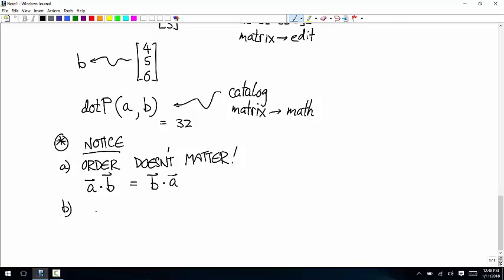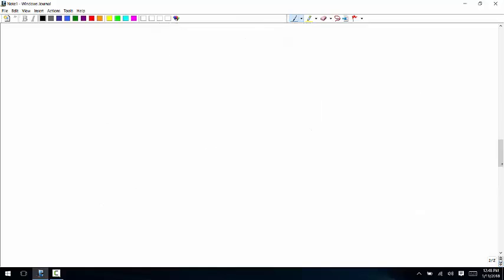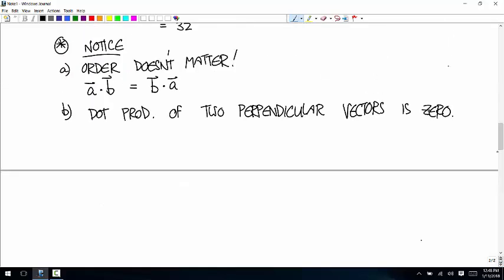And that is that the dot product of two perpendicular vectors is 0. Any questions about dot product?